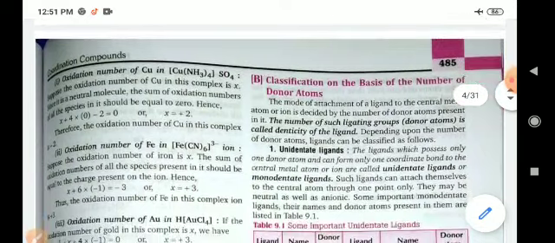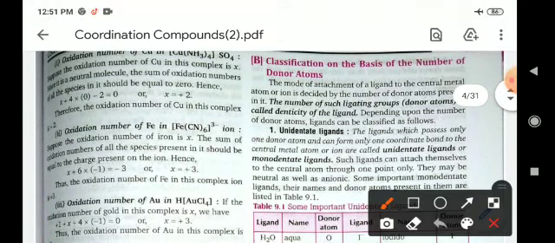Now, classification on the basis of number of donor atoms. If only one atom is present which donates a lone pair of electrons, it is known as a unidentate ligand.